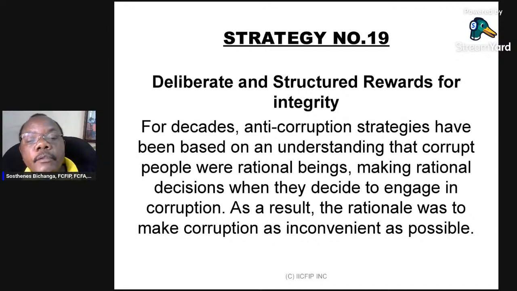Main points. Number one, awards work as incentives to influence human behavior. Number two, the promotion of intrinsic motivation to counter corruption should produce an emotional reward obtained after doing something right for others.